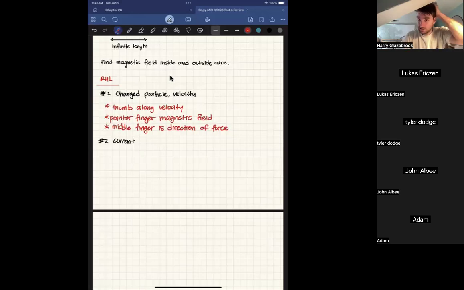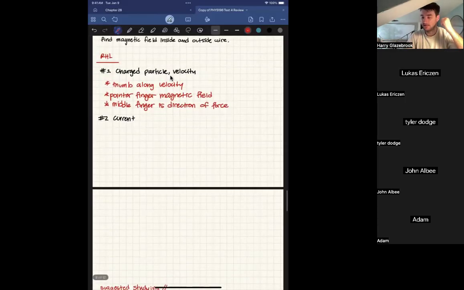The second situation you might see is, let's say, a wire with some current flowing through it. If you see that, it's actually a little bit easier. All you want to do is put your thumb in the direction of the current. Then you wrap your fingers around your thumb like this, and that'll tell you that the magnetic field is spiraling along your current just like this.